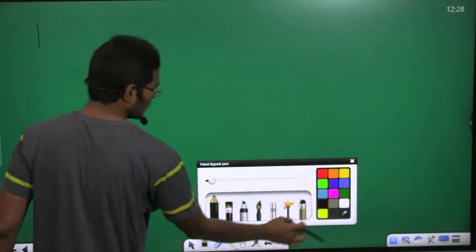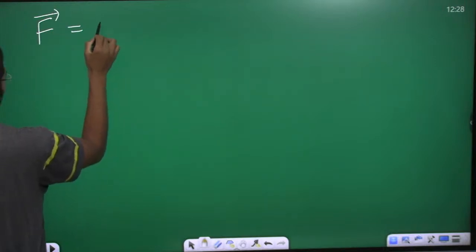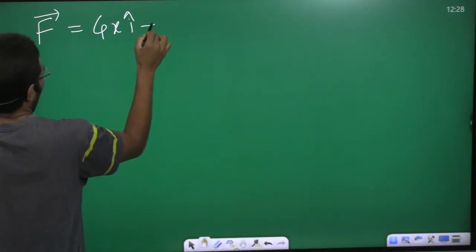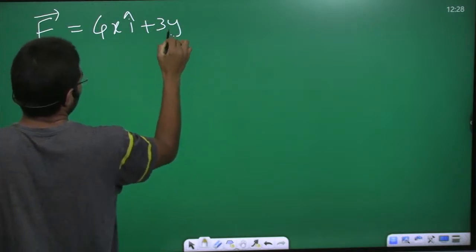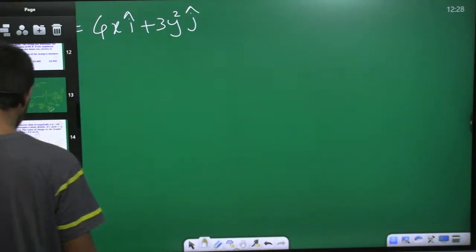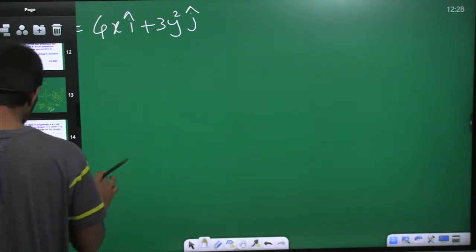So F bar is 4x plus 3y square, right, from (1, 2) to (2, 3).